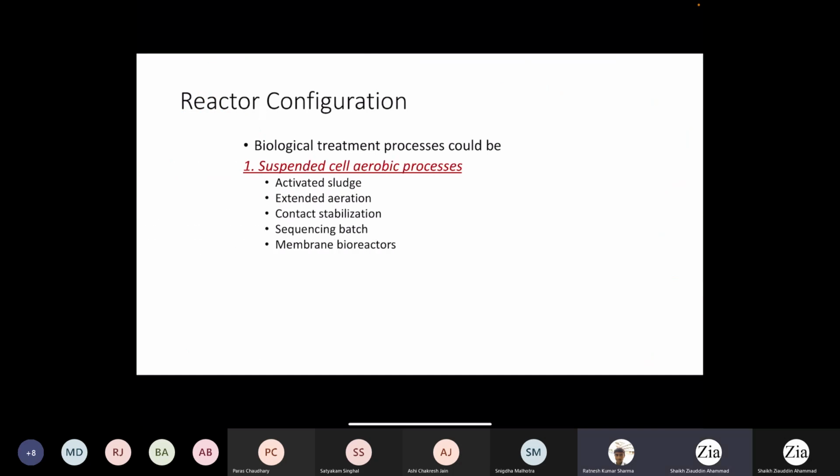When you talk about configuration in suspended systems, you can see different kinds of configuration. We have mentioned two different types: one is activated sludge, another is the sequencing batch reactor. But apart from that, you can get many other configurations.